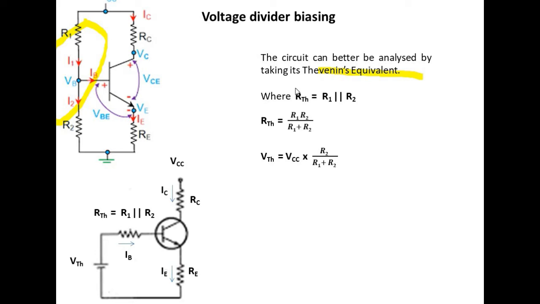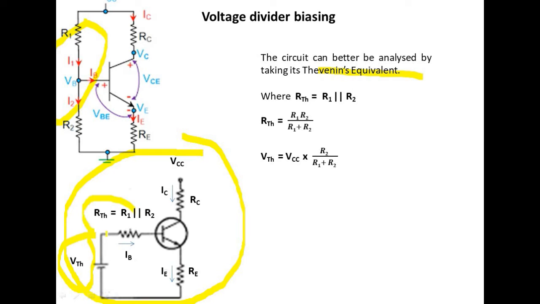After applying the Thevenin theorem, we will be getting this circuit. So the input section is replaced by a voltage source and an equivalent resistor, the Thevenin resistor, that is RTH, and the voltage VTH, where RTH will be equal to R1 parallel R2.